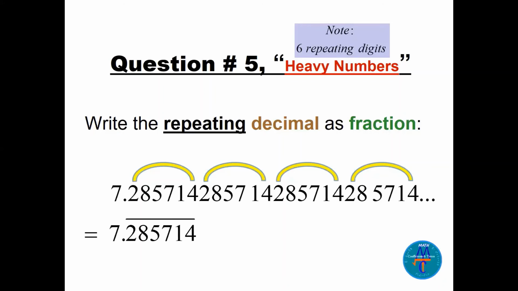The repeated part here is 6 numbers, 285714. Then it will repeat again. So we can have as many numbers as we want in the repeated part, not only 2 numbers like 5.26, 1.555, 3.0101. We can have all kinds of repeated decimal numbers, which are fractions. So we need the nice fraction equal to this.